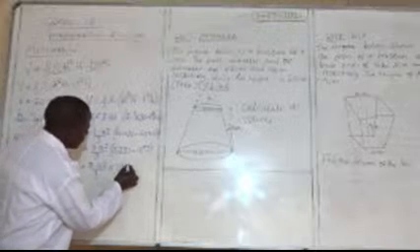From here, you multiply 3.142 over 3 times 12,740. What did we get? So we shall have 13,343.